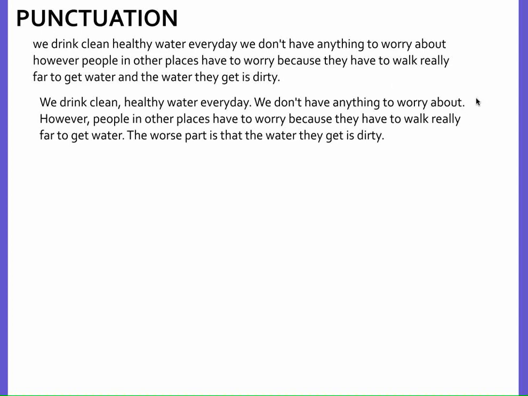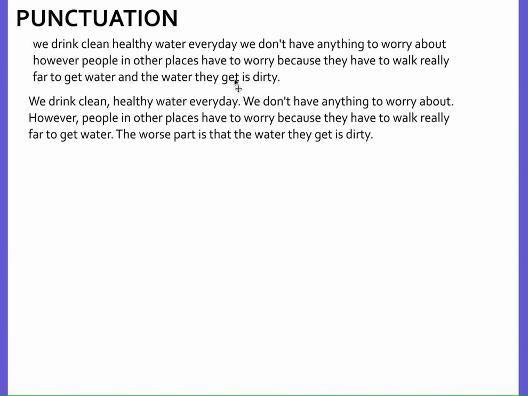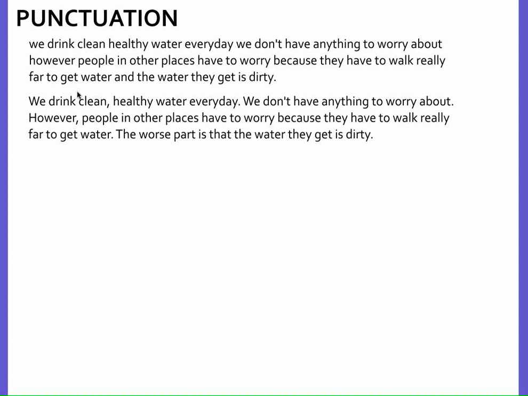We don't have anything to worry about. Again, another period. This person forgot that period. However, after the word however, you should have a comma. People in other places have to worry because they have to walk really far to get water. Again, there was a period that was missing here. The worst part is that the water they get is dirty. So here, I have several places where I needed to fix that.